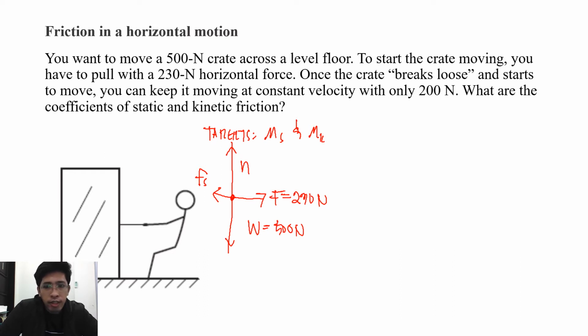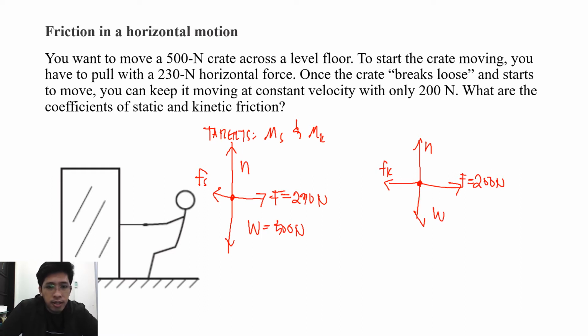On the other hand, when the crate breaks loose and starts to move, we still have your normal force, you still have your weight, but this time you are now applying a 200 Newton force. Since this is already moving, on the opposite side you have this kinetic friction. Our target here is just your coefficients.